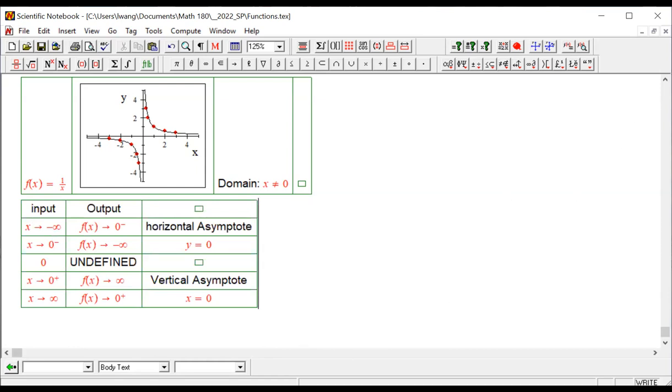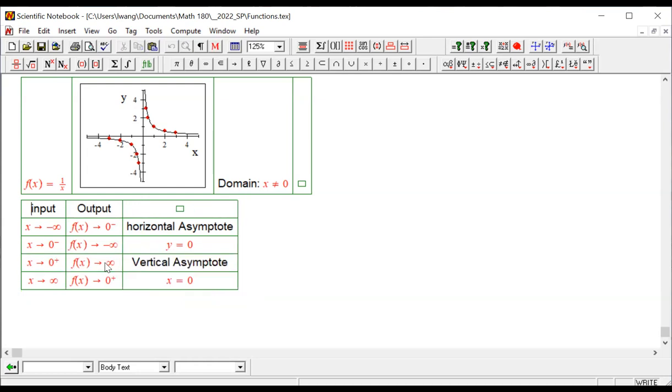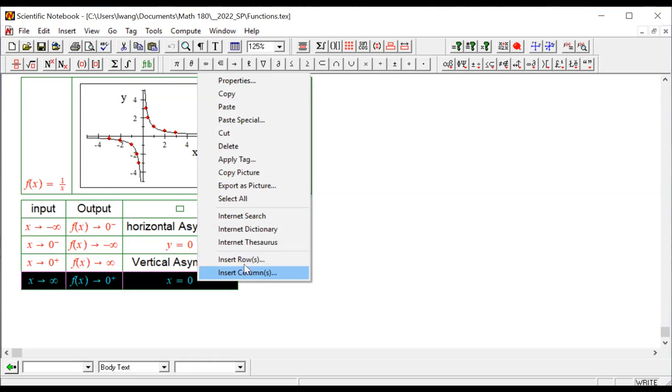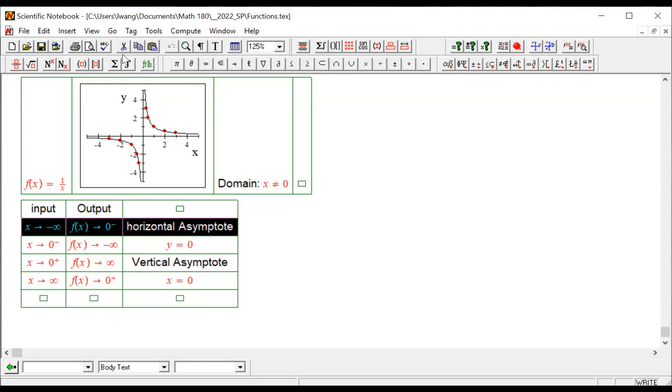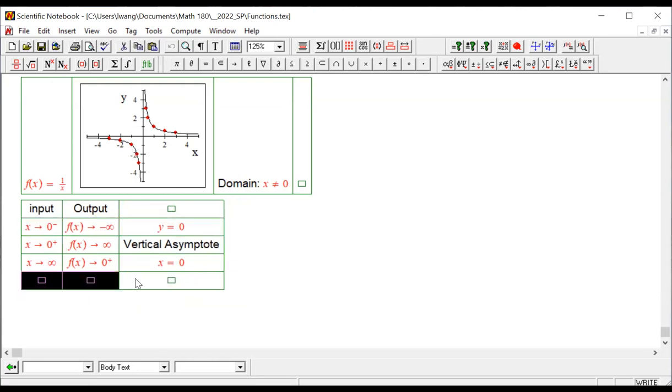See, when x is approaching 0, x is approaching 0 from both sides, right? So what I'm gonna do is that I'm gonna remove this piece, and put these two pieces together. Insert another row. I'm just shuffling the place.